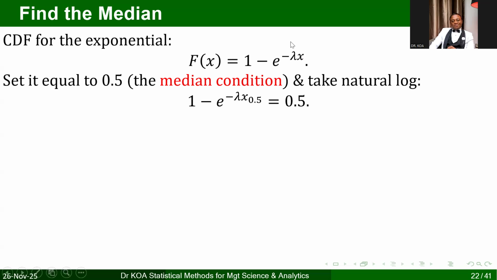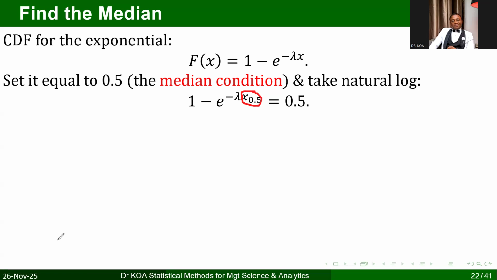In short, this is what we want to find. It's like telling you to make x the subject. So I have set the function to be 0.5 here, and I'll drop that into this, and then I want to find the value of x at 0.5.